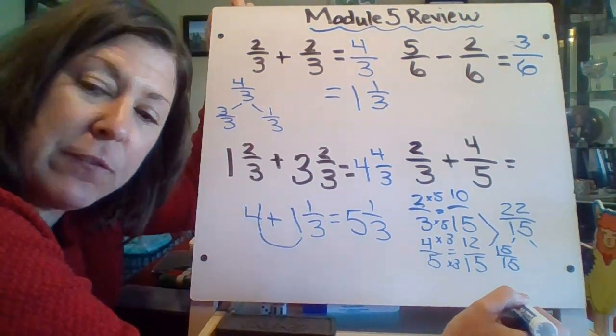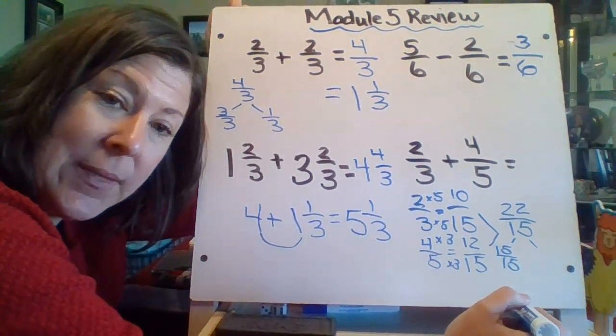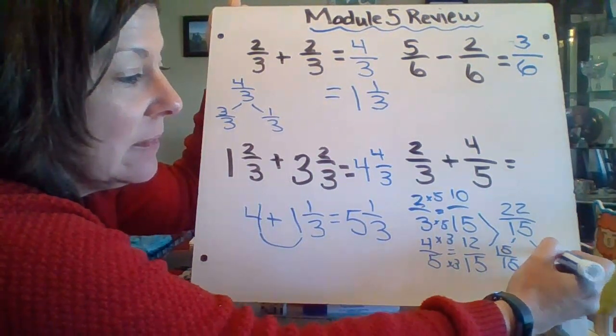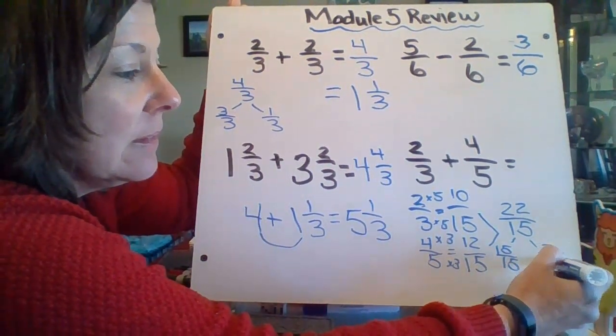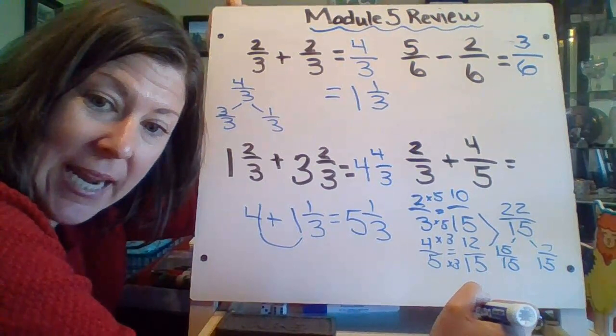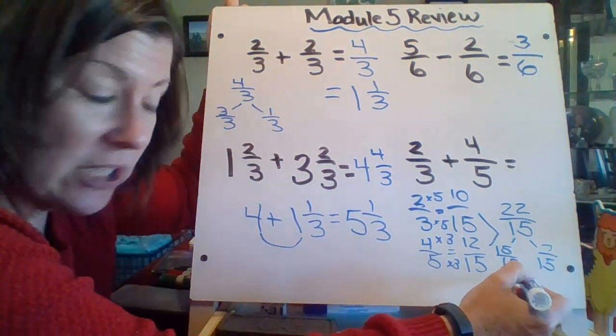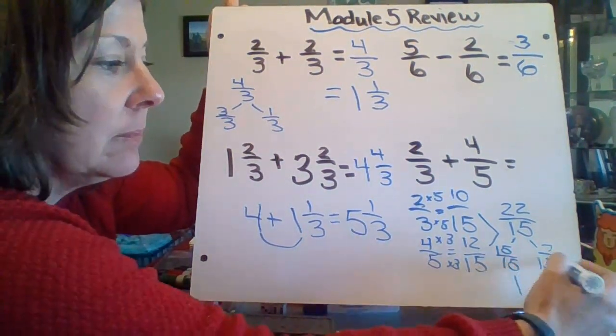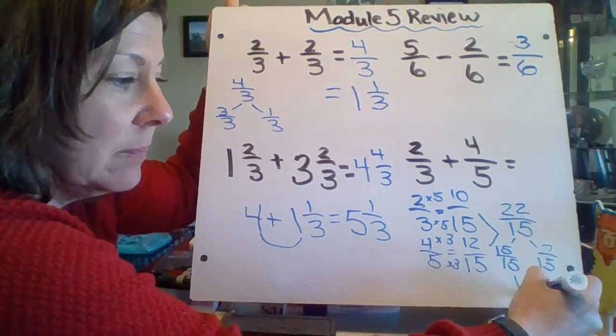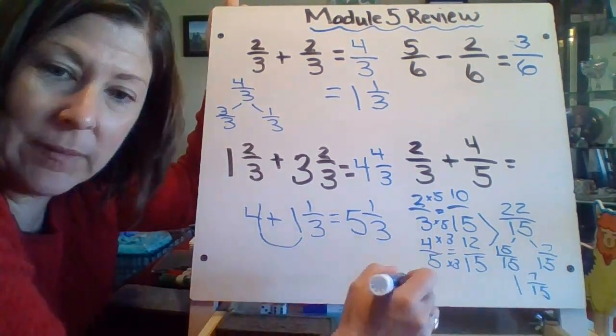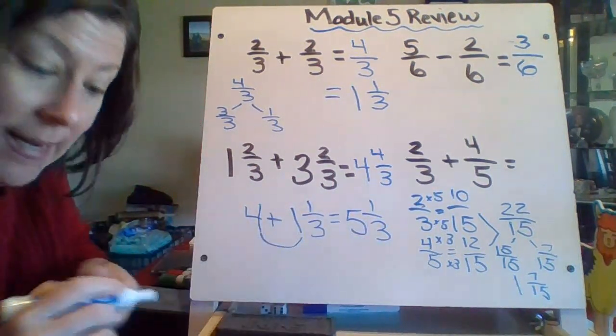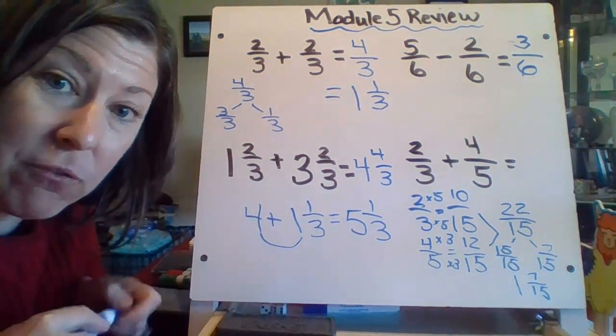I pull out 15 of the 15ths. There are still 7 there. So my final answer, you can see it down there, 1 and 7/15.